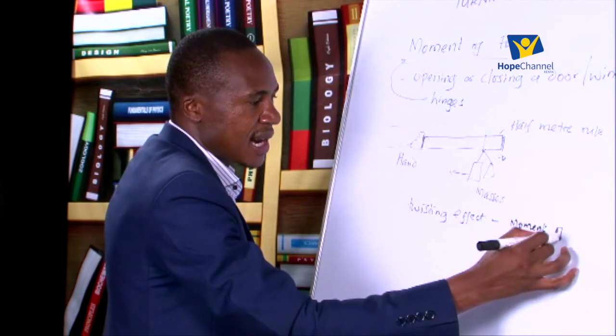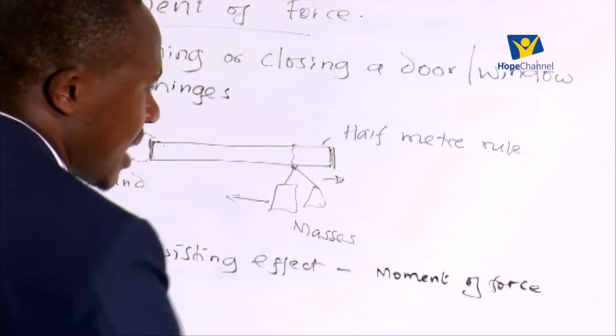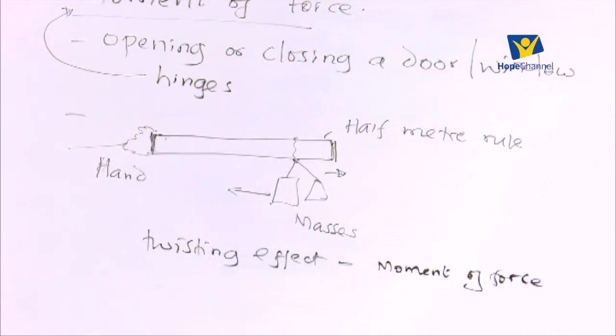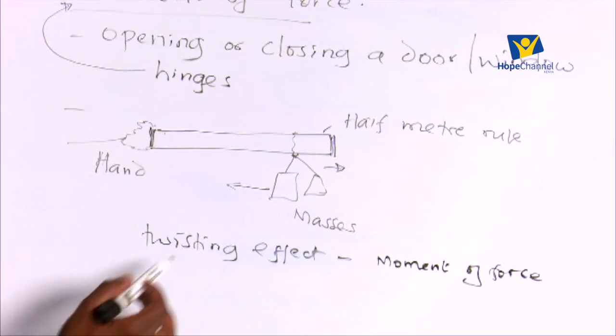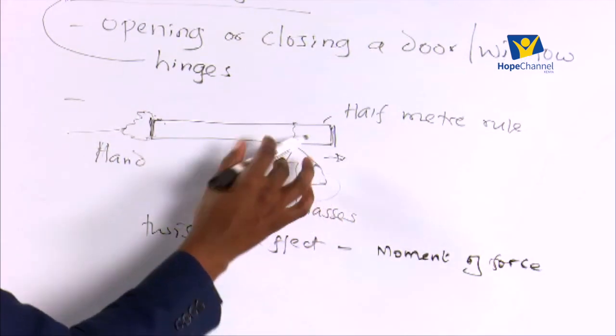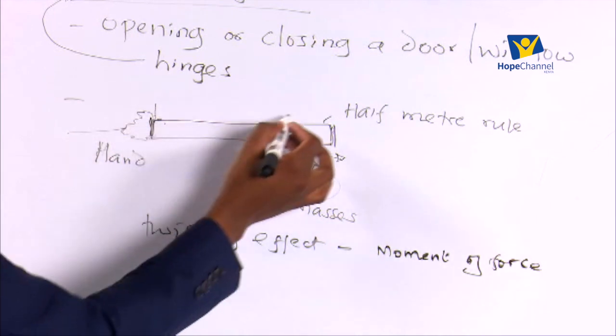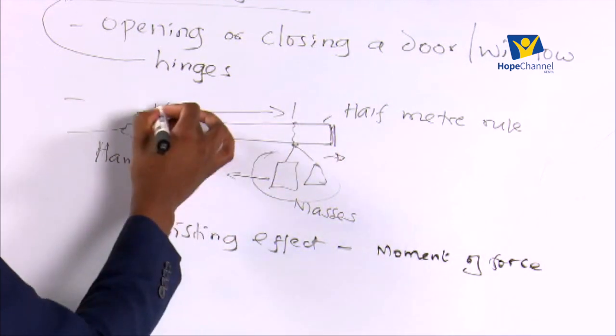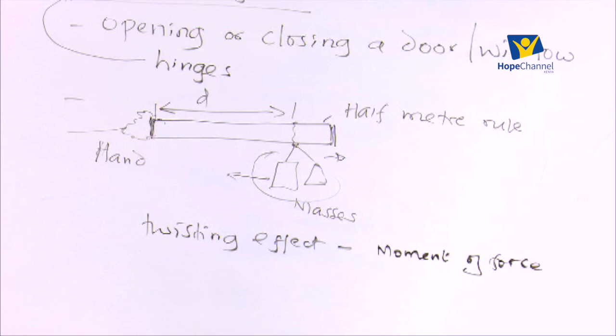Now the moment of force will depend on two things. Number one, the sizes of the mass. Suppose the distance from your hand, the point of support, call it D, is kept constant.